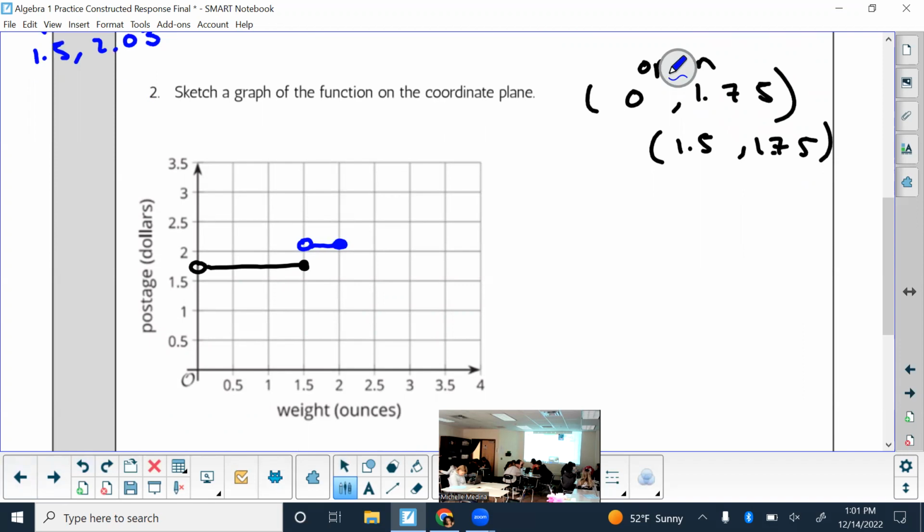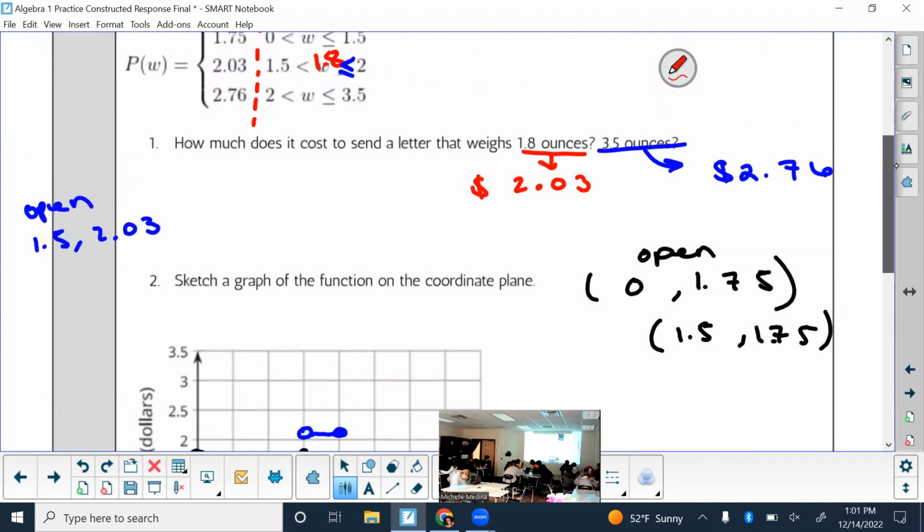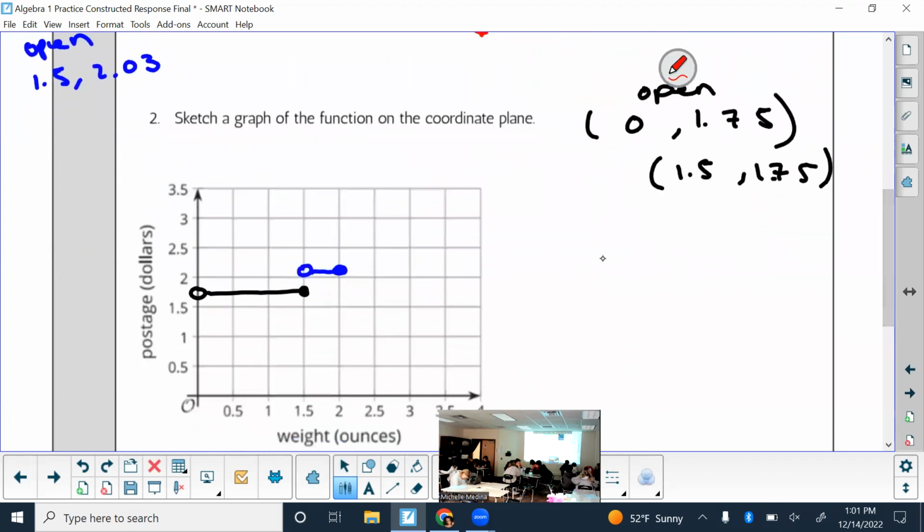Okay. And then the last part, at the 2 or above the 2, it costs what amount? So at the 2, 2.76, what type of circle will be there? So find that. That would be like right here-ish.